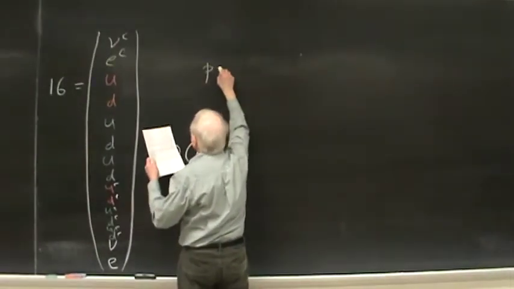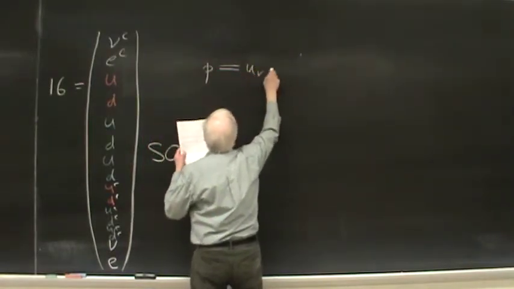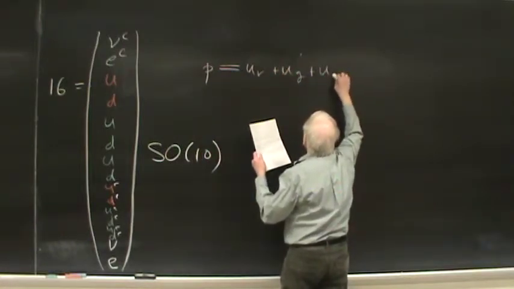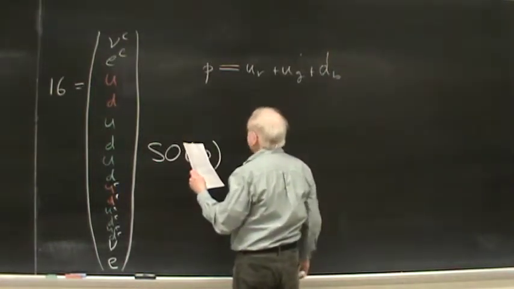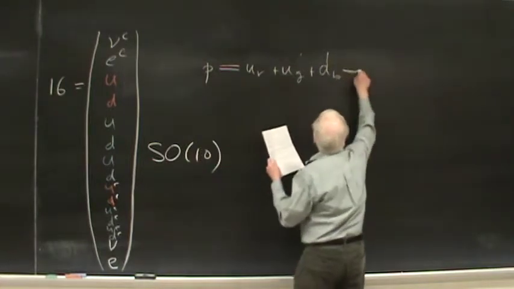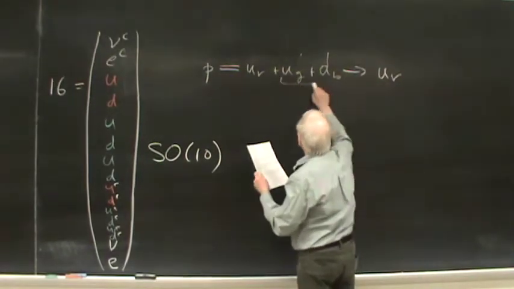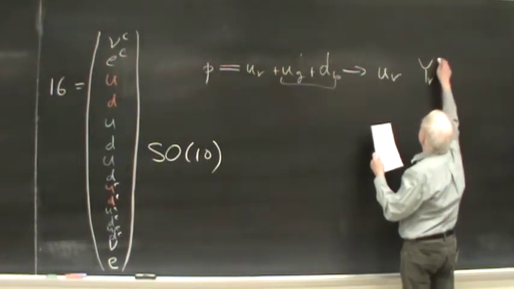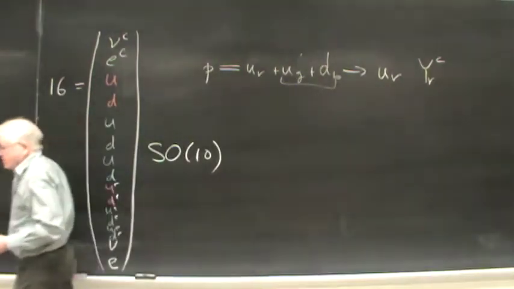So in SU5, for example, and I think also in SO10, we have the proton, which of course is U red plus U green plus D blue, say. This is the proton, and then this can decay into, just leave the U red, but these two can go into a red conjugate boson.